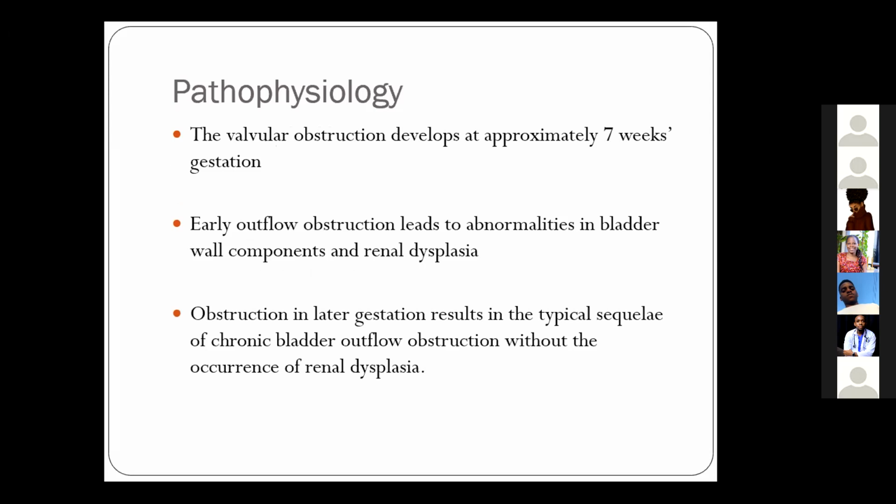Renal dysplasia is irreversible, and we shall see that is the difference between it and the obstructive uropathy. That for the obstructive uropathy, if you relieve the obstruction by working on the patient, then it may resolve, but renal dysplasia doesn't. So renal dysplasia happens more commonly.